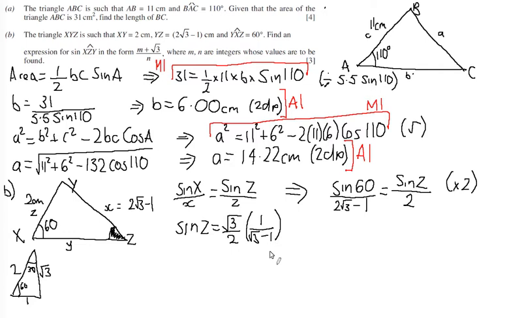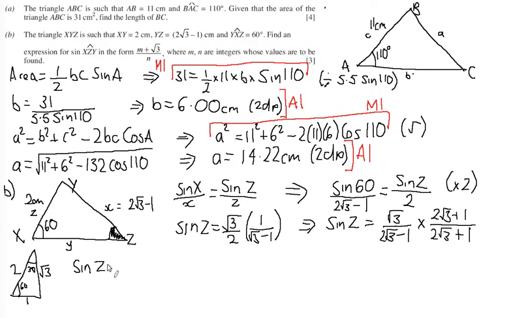Okay, so tidying that up, sine z will be equal to root 3 over 2 root 3 minus 1. So to get into my rationalized form, I'm going to have to multiply by the conjugate of our expression down the bottom. So this is going to be 2 root 3 plus 1 over 2 root 3 plus 1. So when this works through, we're going to get sine of z equals, let's do the top first.